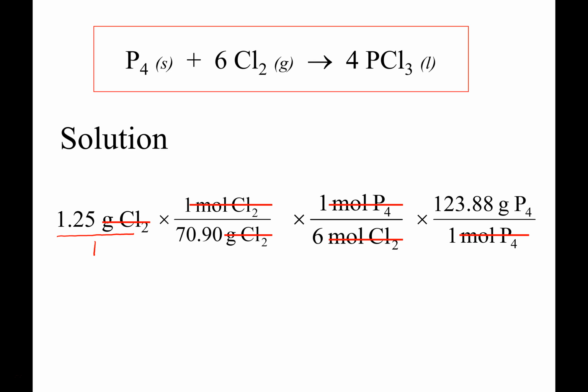So we have units of grams of P4. So how many sig figs? Yep, 3. So 0.364 grams of P4 will combine with your 1.25 grams of Cl2. Yay!